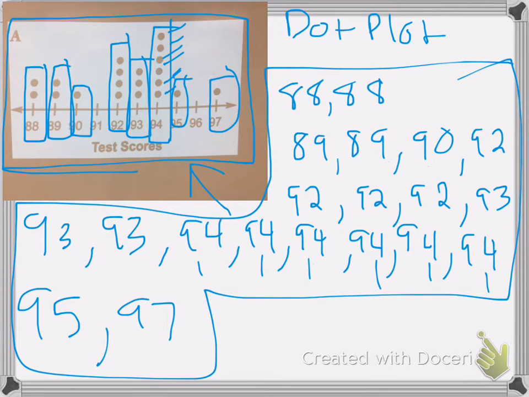Now, if you needed to, you could find the median, the mode, the range, or the mean. The mean would be the most difficult because there are so many numbers you would have to add up. But for the median, all you would have to do is tick off.